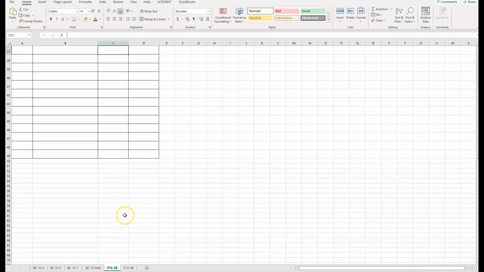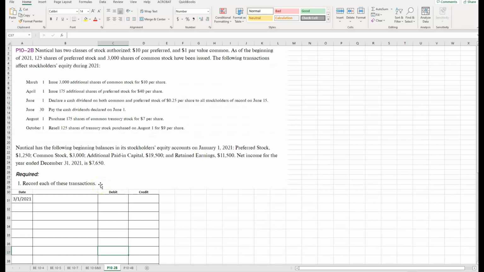Okay, and we're going to do a comprehensive example here. Nautical has two classes of stock authorized, $10 par value preferred and $1 par value common. As of the beginning of 2021, 125 shares of preferred stock and 3,000 shares of common stock have been issued.